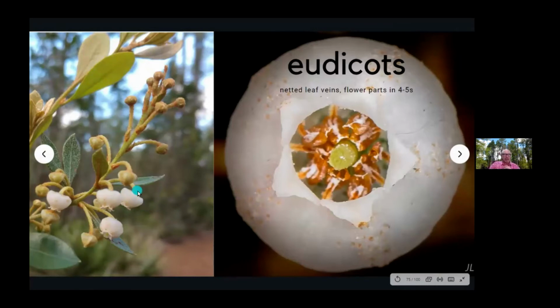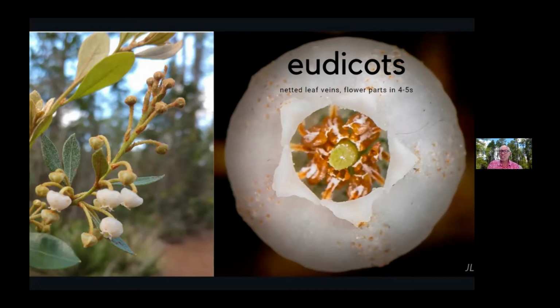Now standing back from this plant and looking at this weird urn-shaped flower, how are we going to tell if the flower parts are in 4s or 5s or 3s or anything? It takes magnification. Some flowers are vanishingly small, and they require a hand lens to really get a good look at some of the characters that are necessary for plant identification, like the number of petals, like the number of stamens.